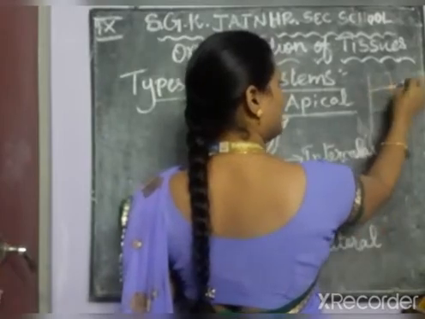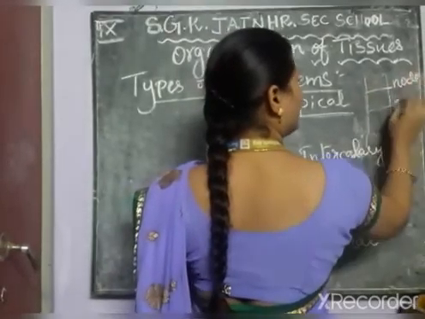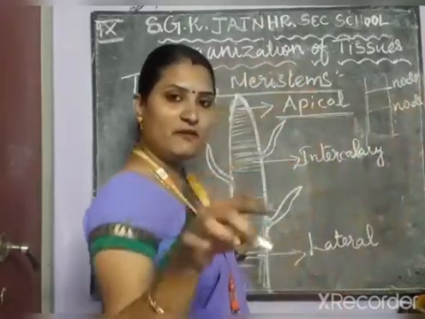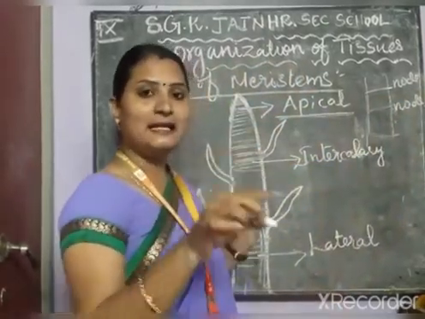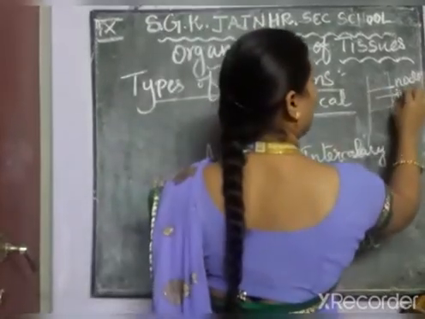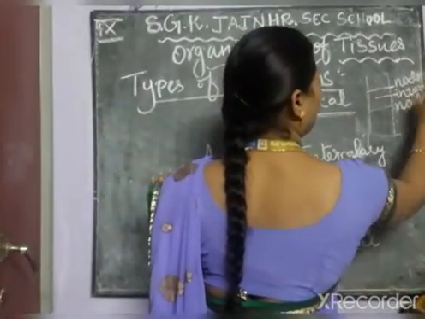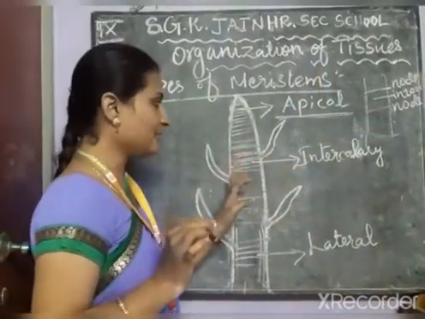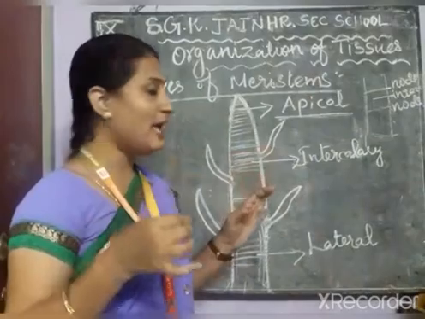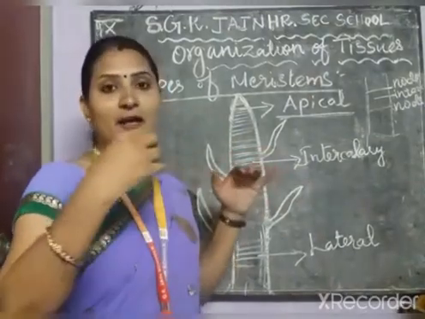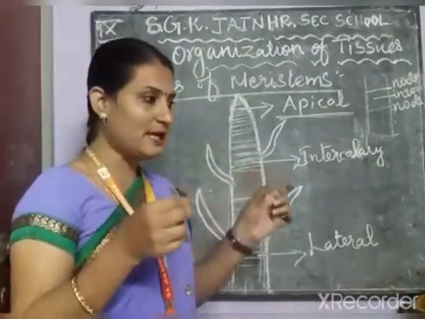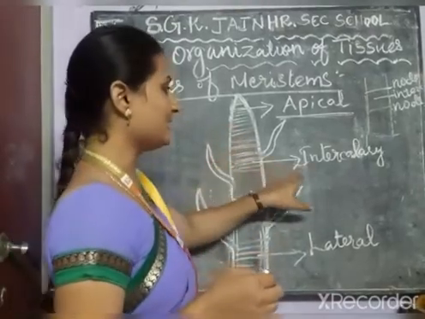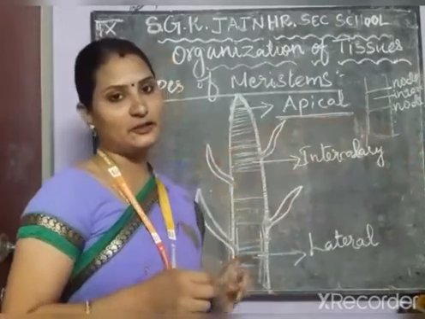This is what is called a node, and the space between the two nodes is called an internode. Here these intercalary meristematic tissues are present in the region of permanent tissues, and are part of the primary meristematic tissues. It is present in between the two nodes, so that is why it is called intercalary meristematic tissues.